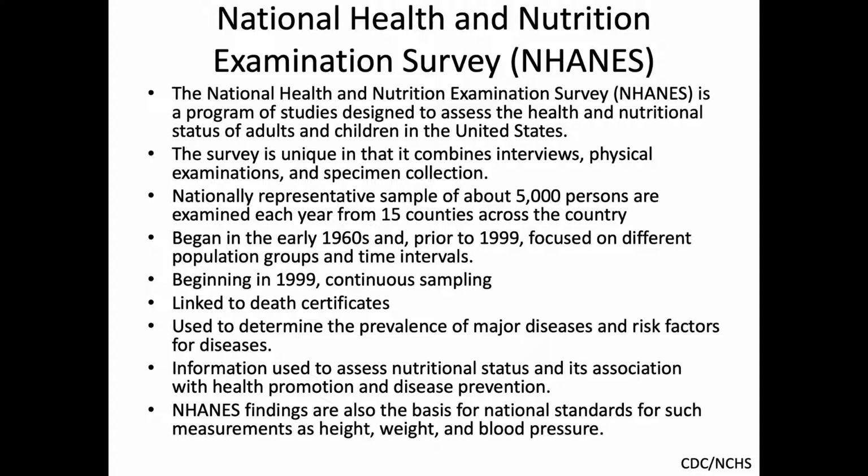And its findings are also the basis for national standards for things like height, weight, and blood pressure. So, for example, growth curves you'll see in the pediatrician's offices are actually based on NHANES data.